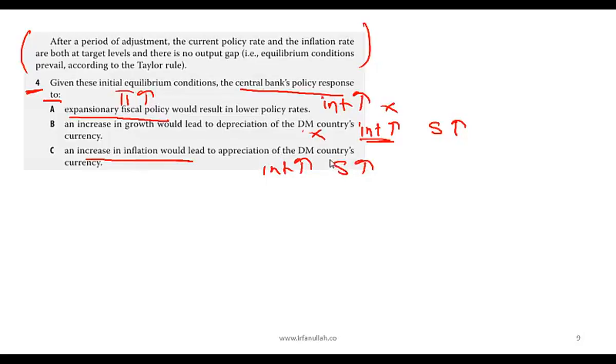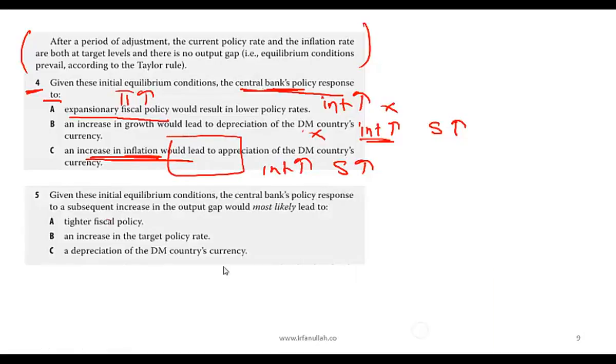You might be wondering that typically when we talk about higher inflation, we then say that the exchange rate comes down. But this question is asking about what happens based on the policy response of the central bank. So you actually need to fill in the gap over here. You need to say if this happens, then the central bank follows this policy, and then what is the impact of that policy? All right, important, very important to understand.